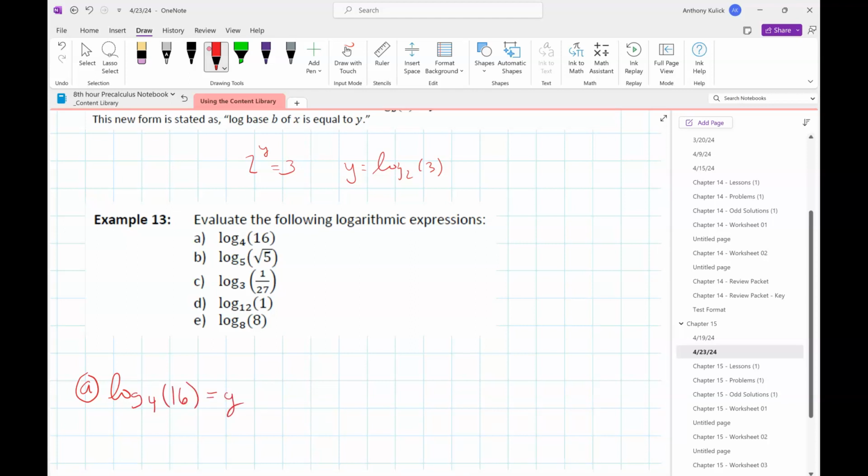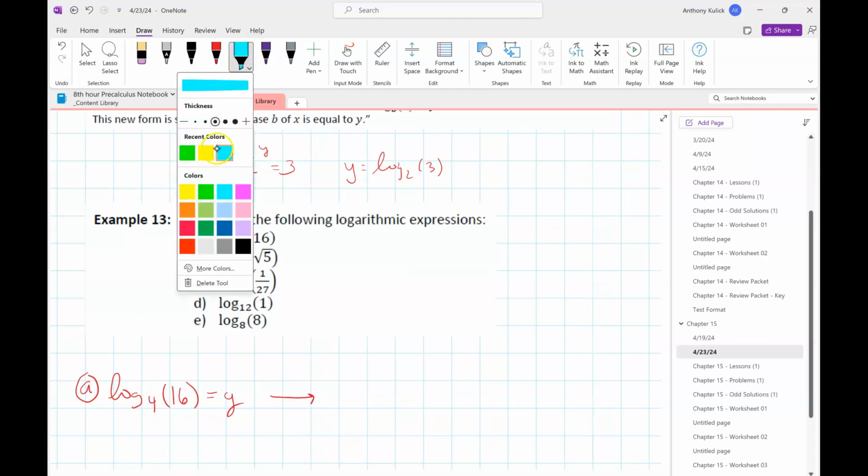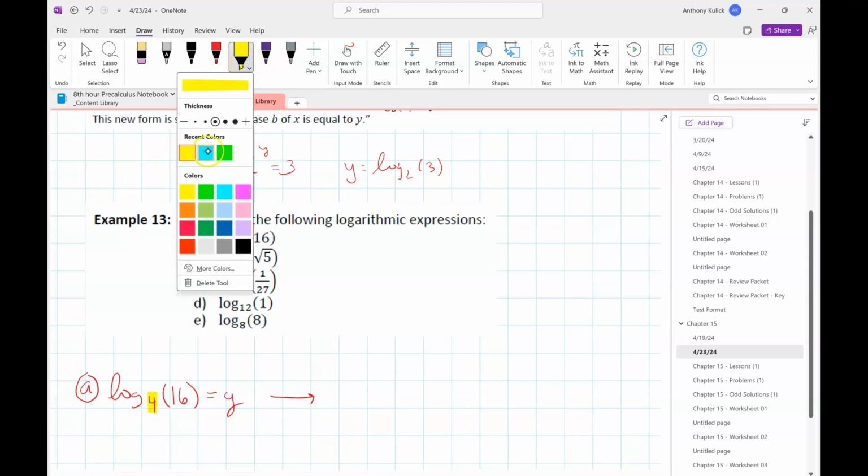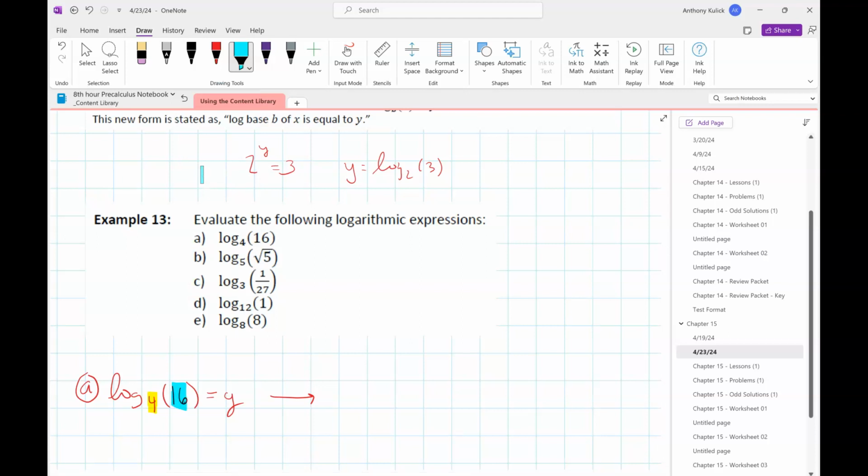So I'm going to just start by writing it equal to y. And then I'm going to use that definition for a logarithm. So it says that log base b of x is equal to y. That's equivalent to saying b to the y is equal to x.